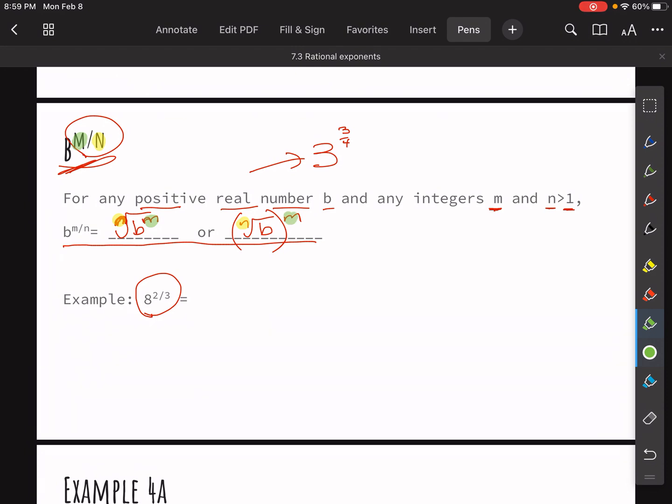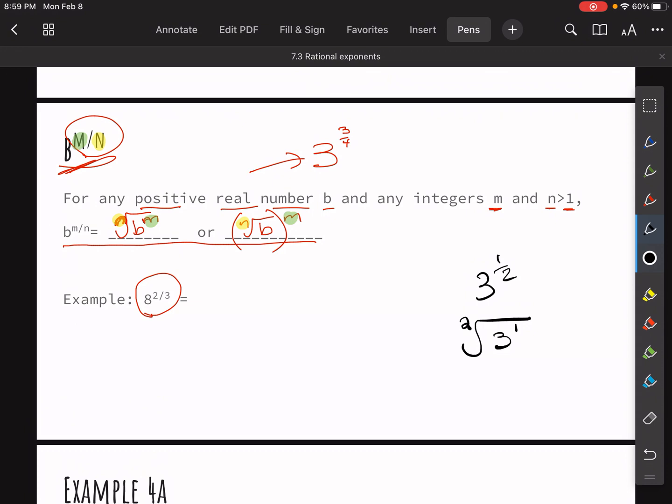Okay? So if it's something other than 1, see if it's 1, what the nice thing about 1 is, anything to the first power just keeps itself, right? So, when we were doing something like 3 to the 1/2, that was saying the same thing as the second root of 3 to the first power.